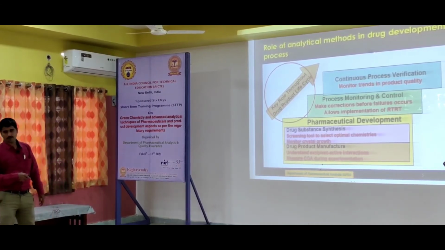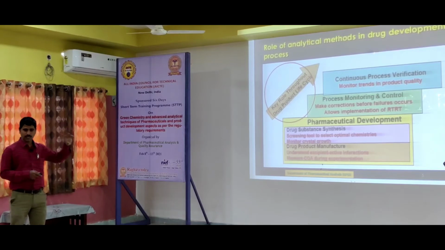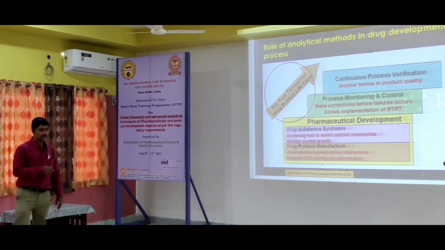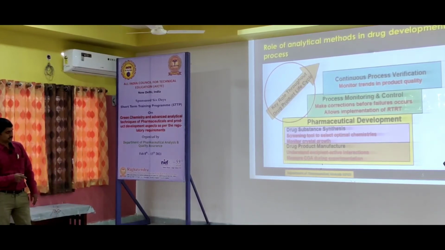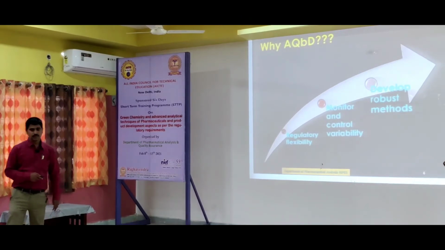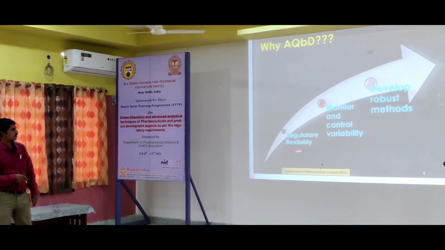Next, pharmaceutical development. In product development we have a very high role, synthesis as well as drug product manufacturing. Everywhere the analytical department plays a vital role. So why do we need AQbD? Because it has regulatory flexibility.